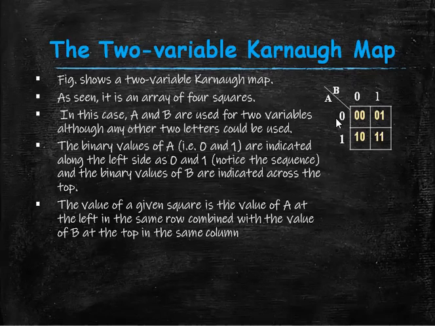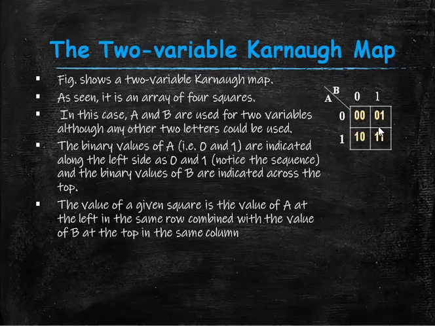And when we move to the next one, it is 0 1. First position is for A and the second position for B. Then this represents A bar B. And here 1 0 represents A B bar.